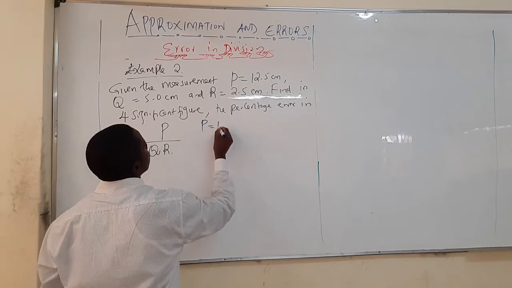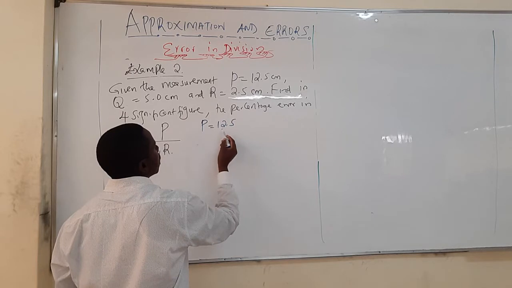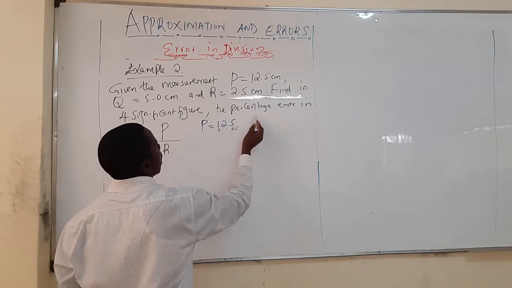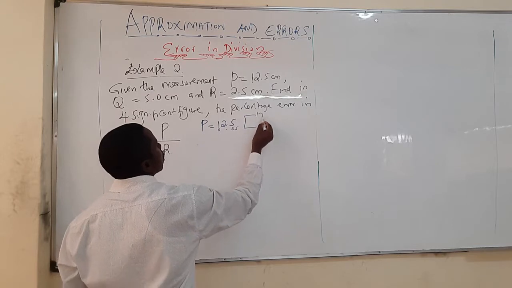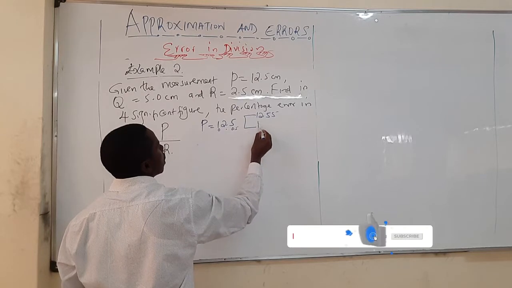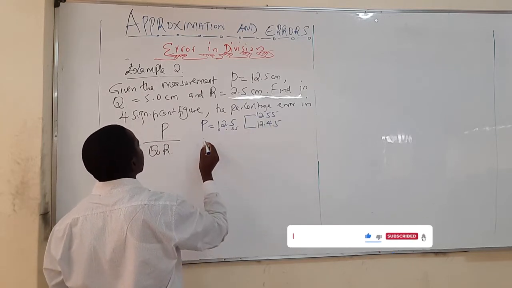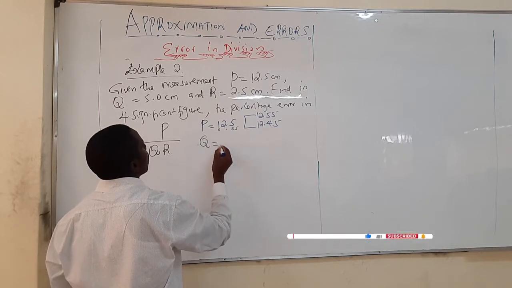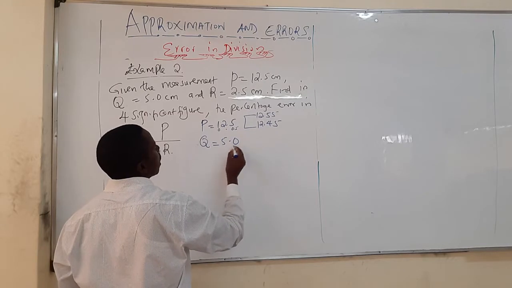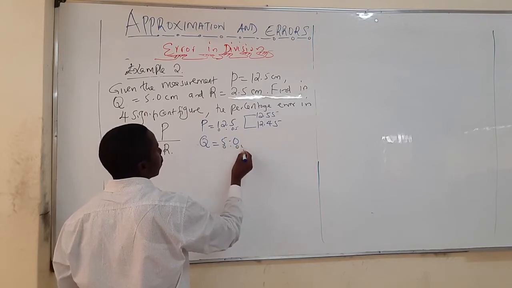P is 12.5, and of course the absolute error here is 0.05, meaning the upper limit is 12.55 and the lower limit should be 12.45. Our Q is given as 5.0 centimeters, and the absolute error here should be 0.05.